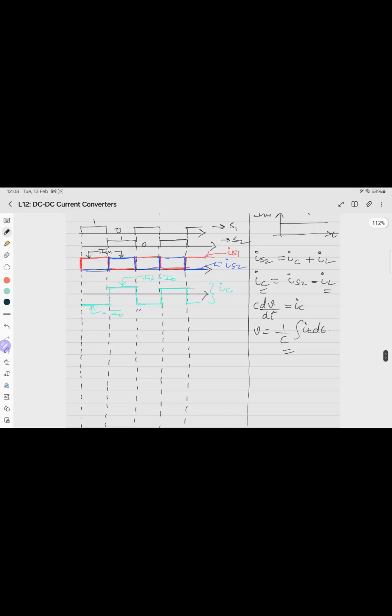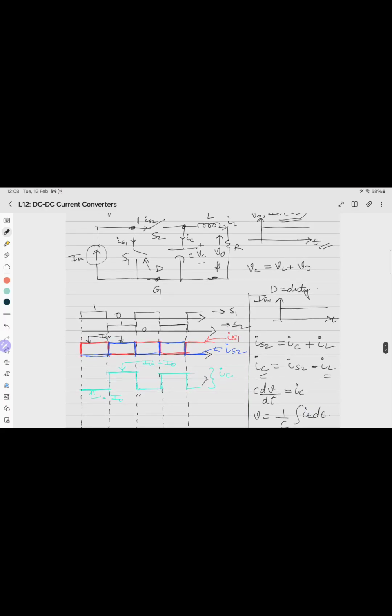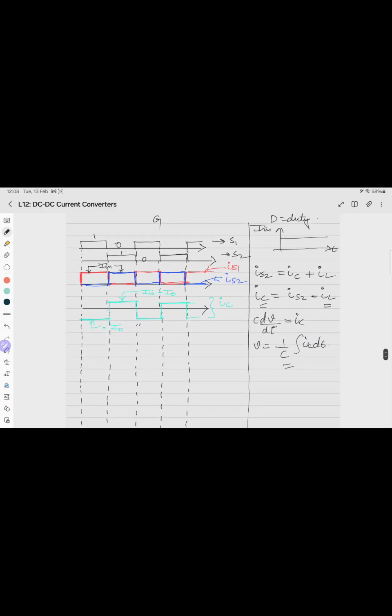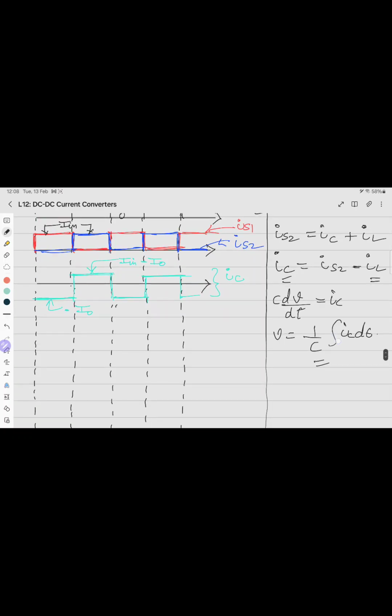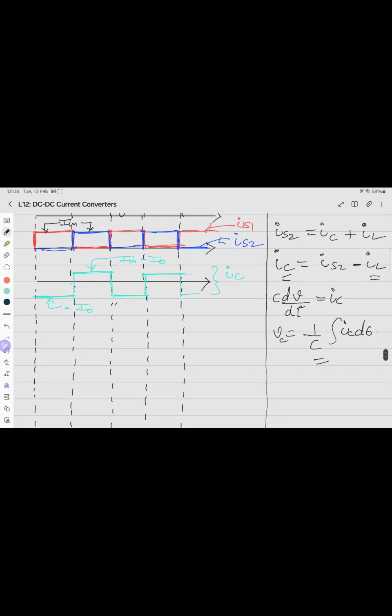The integration of minus I naught will be a falling edge, and the integration of I in minus I naught will be a rising edge. So the waveform of VC will be a triangular waveform.